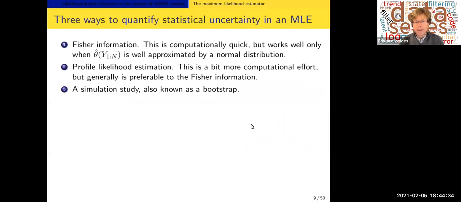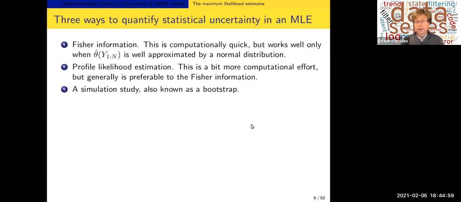Here are 3 ways to quantify statistical uncertainty in an MLE. One is Fisher information, which you may well have seen in a theoretical statistics course. It's a computationally quick approach. It only works well when the distribution of the MLE is well approximated by a normal distribution.